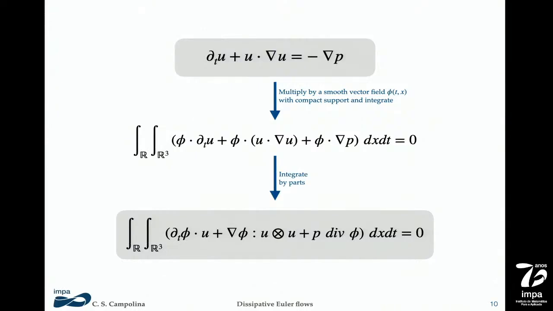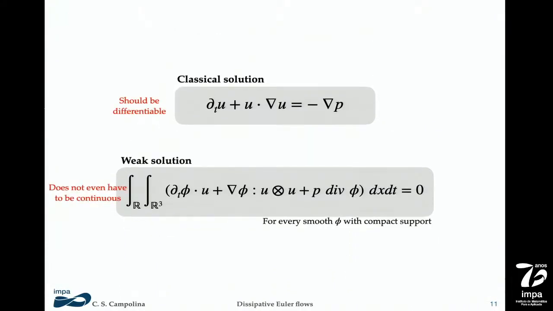And we pass the gradient of pressure as a divergence to phi, right? After this procedure, we have two different equations. We can do the same for incompressibility, to demand the vector field to be incompressible as well in a weak sense.